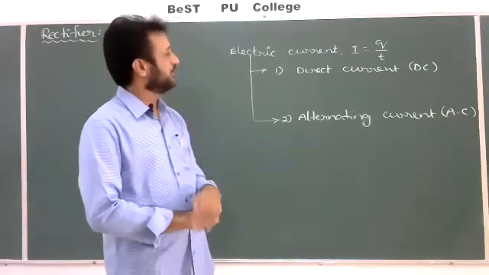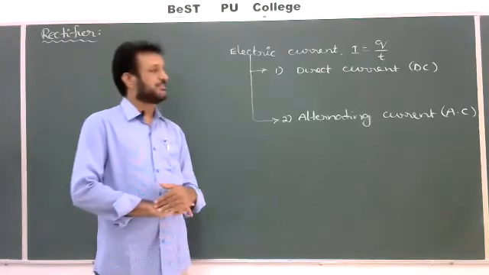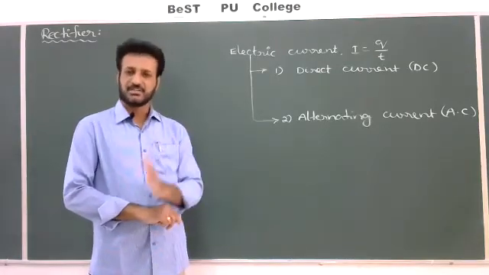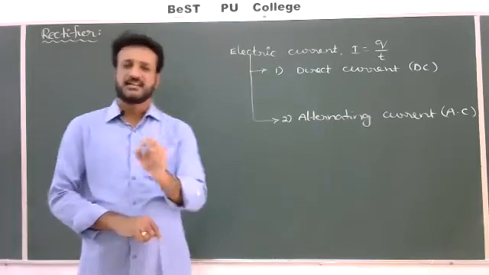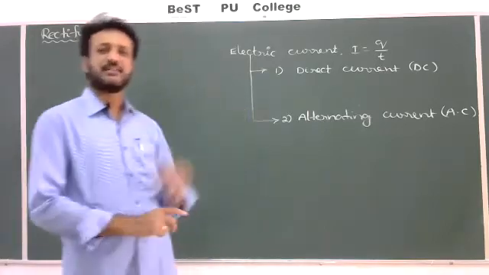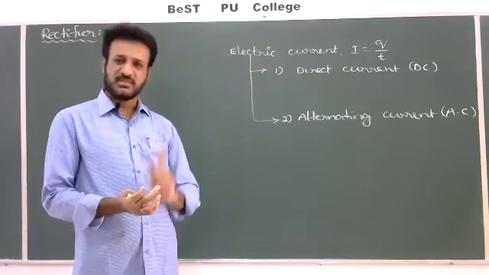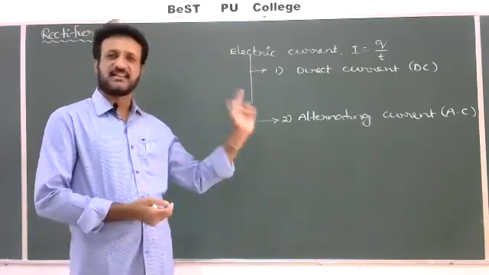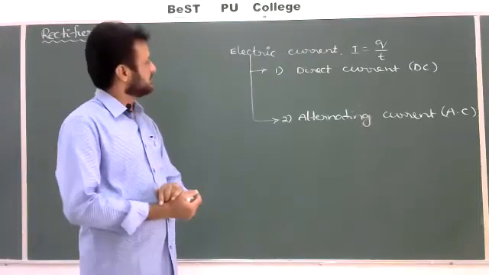But actually we know one concept: whenever a physical quantity has both magnitude and direction, what is it called? A vector. But here electric current has both magnitude and direction, but we are not calling it a vector, it is a scalar. Why is it called a scalar?